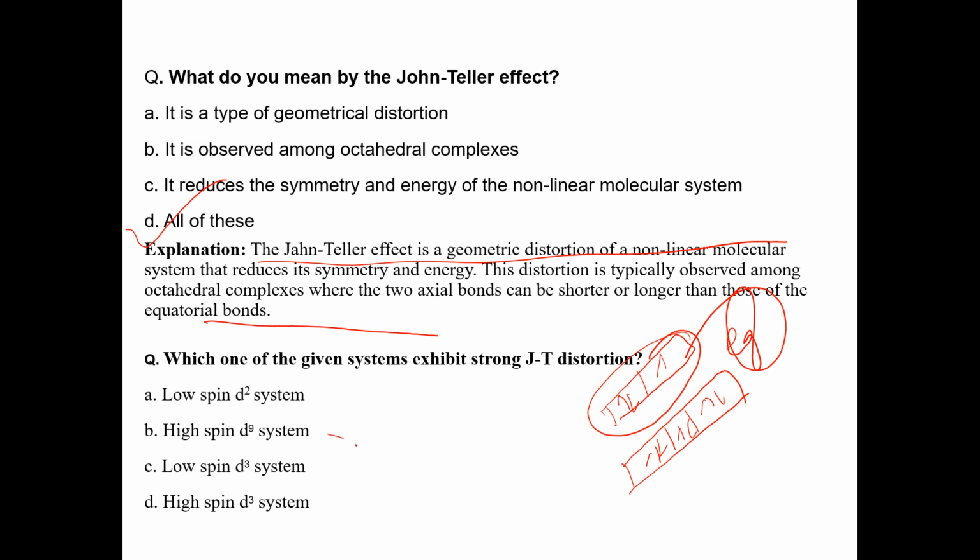So in this case, you will observe the strong Jahn-Teller distortion. Although in the case of unsymmetric t2g orbitals, they can exhibit the Jahn-Teller distortion, but that is very weak.